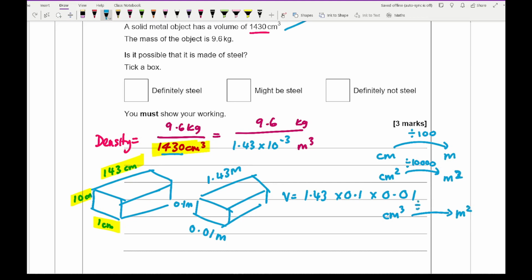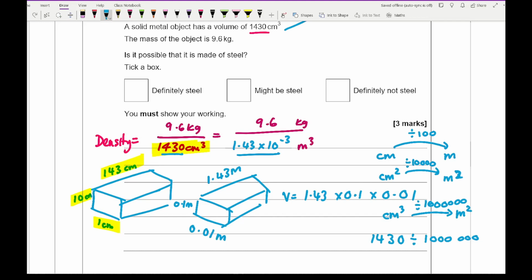So that's centimetres, another two zeros into metre squared, and another two zeros gives me metre cubed. So from this I can do 1430 divided by a million, in which I still get the same answer of 1.43 times 10 to the power of minus 3.